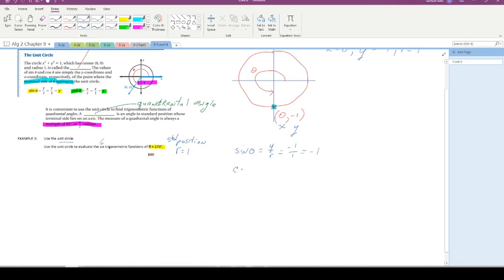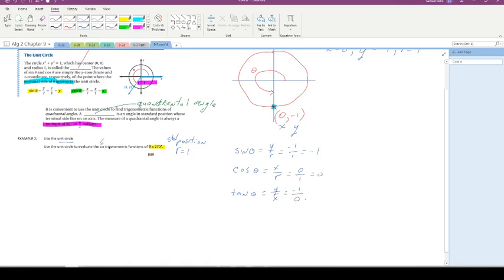Then we have the cosine of theta, which equals x over r, which equals 0 over 1, which is equal to 0.